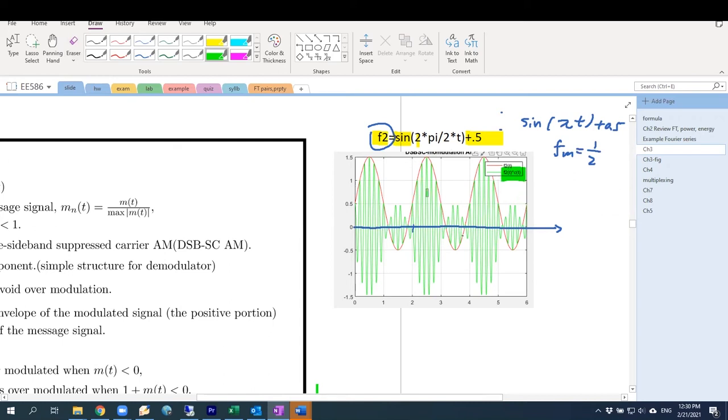Now let's look at the positive envelope of the modulated signal. I'm going to use a different color. The positive envelope will be this.